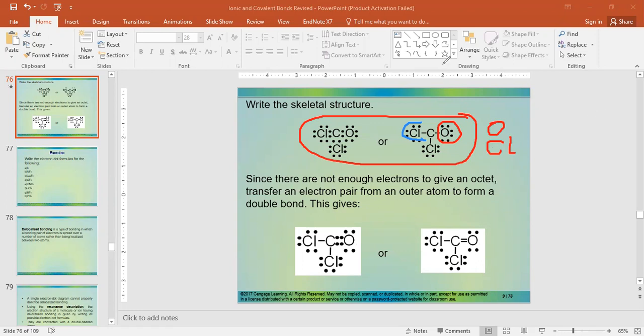Thank you. Yeah, guys, I have a question. On that very skeletal structure, where they are showing the lone pairs of electrons for oxygen, they are 6.